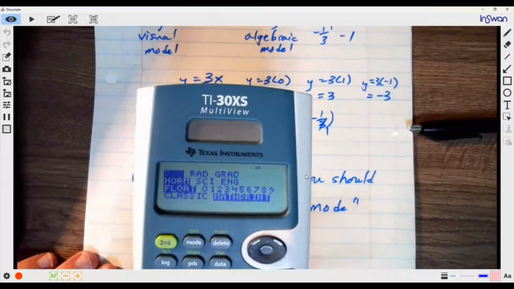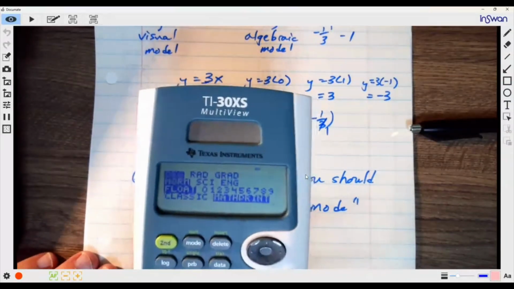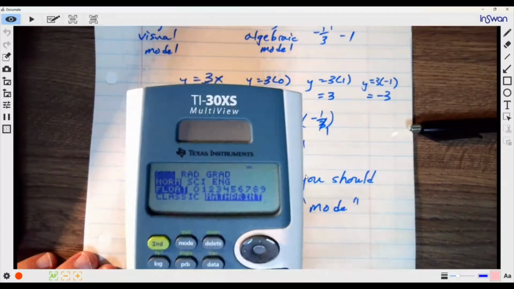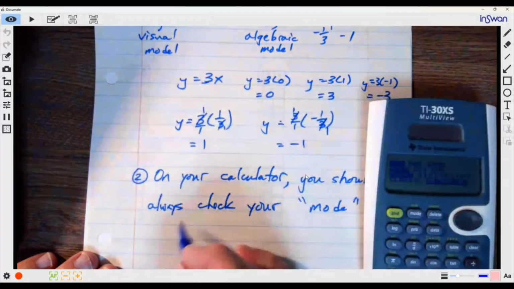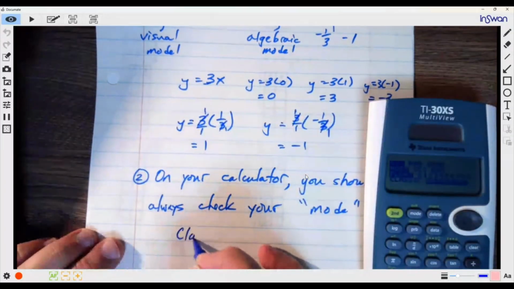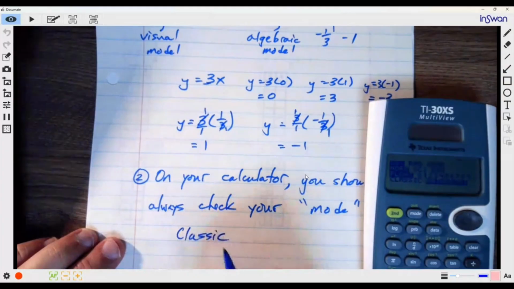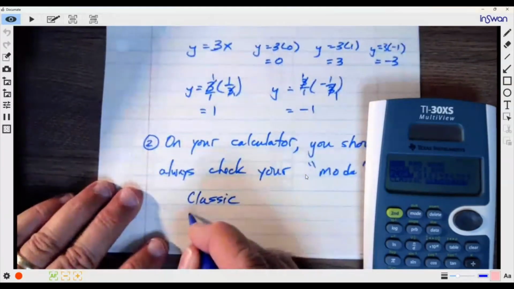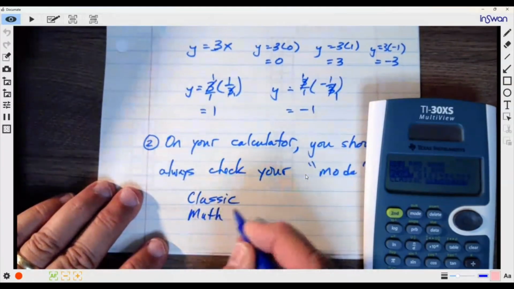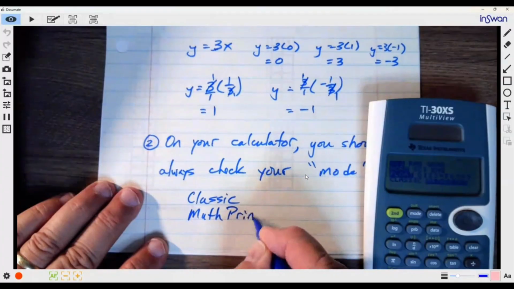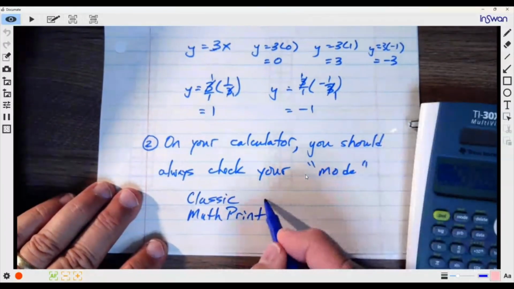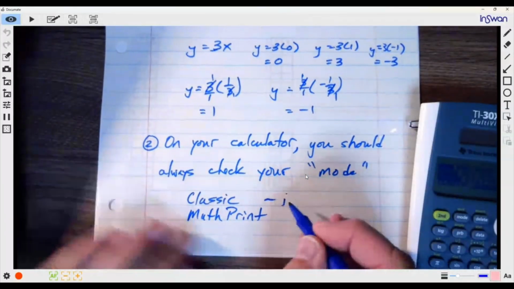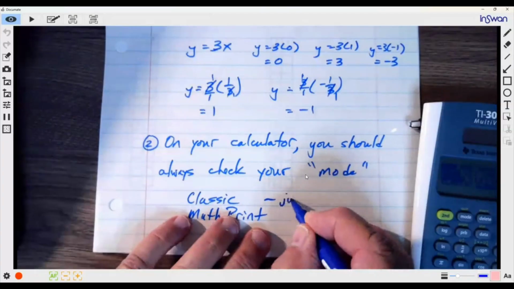The one that is important for us is the last line where you have 2 choices, classic and math print. Classic is just your normal everyday calculator mode.